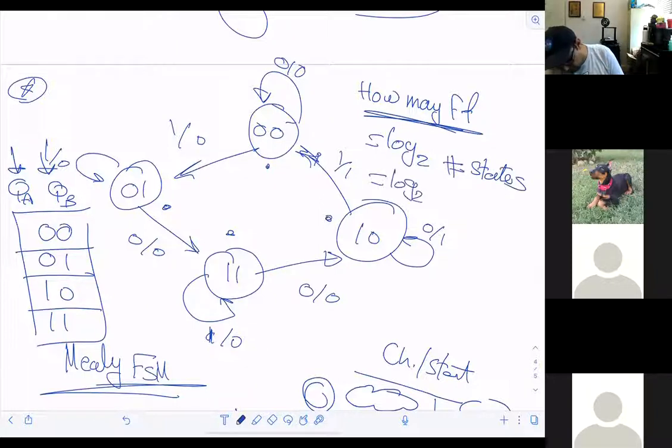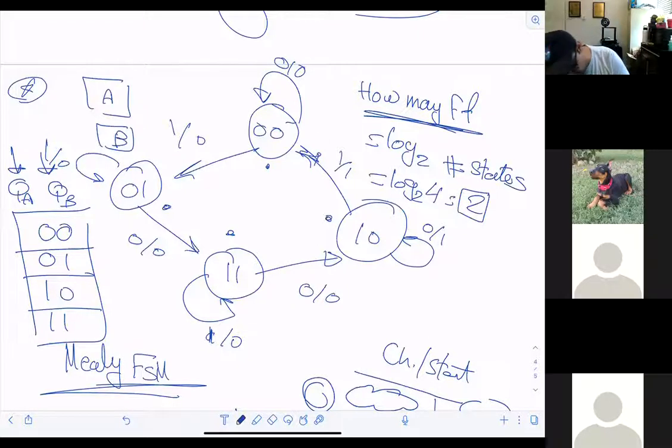So log 2 of 4 is equal to 2. That means I can call one A and the other one B. Each one has QA and QB. Do you agree? Make sense?